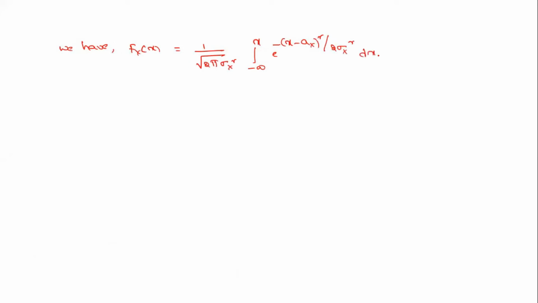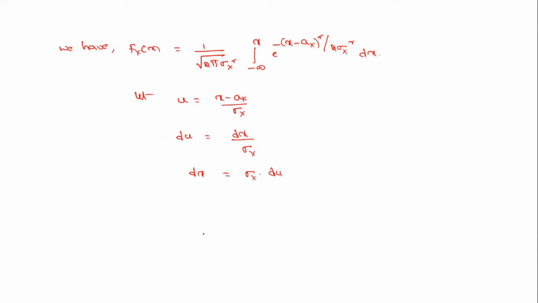So now for simplification purpose, I am taking let u is equal to x minus ax by sigma x, and differentiating on both sides, you are going to get du is equal to dx by sigma x. Ax is a constant, so you get the value as 0. So from this, you can take dx is equal to sigma x into du.